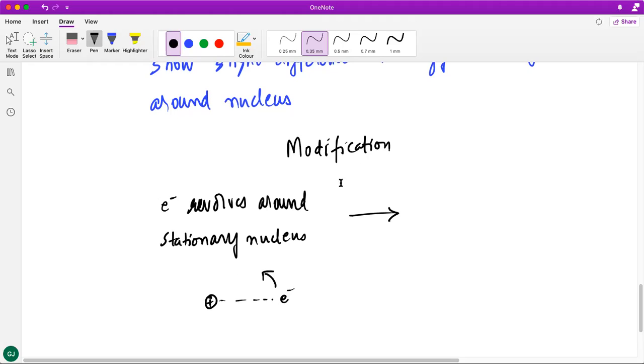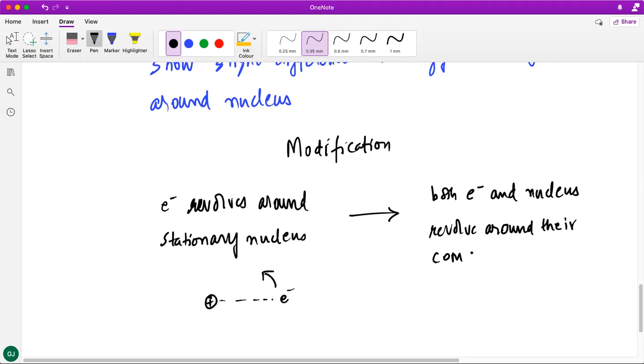The modified version that comes here is that both electron and nucleus revolve around their center of mass.